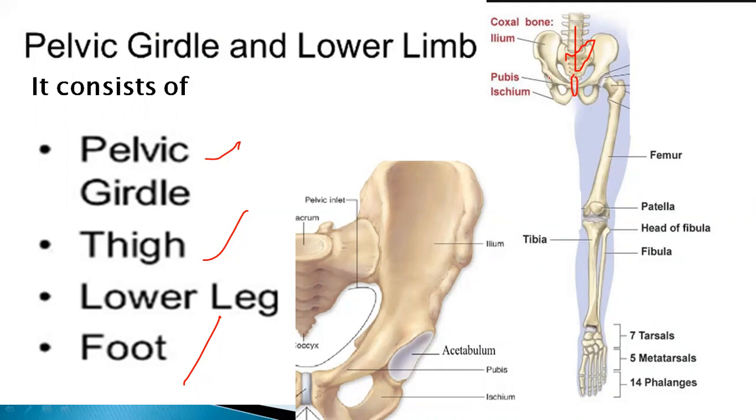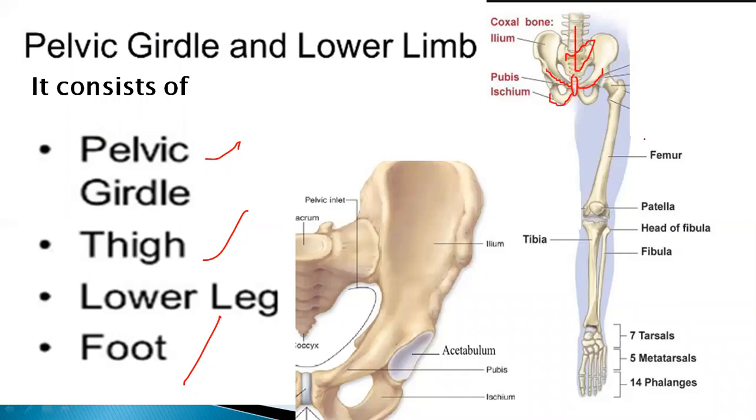So this portion is called pubis, which is joined with one another with cartilage. That joint is called symphysis. We will discuss it in the joints topic. Ischium is also a lower bone, and this is very broad to help us in sitting.